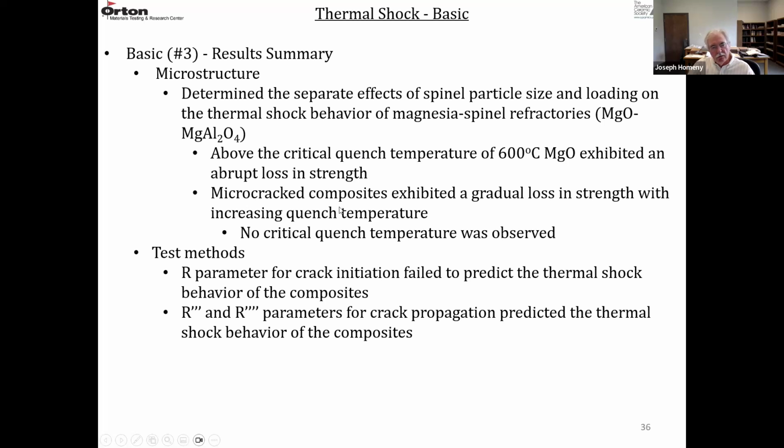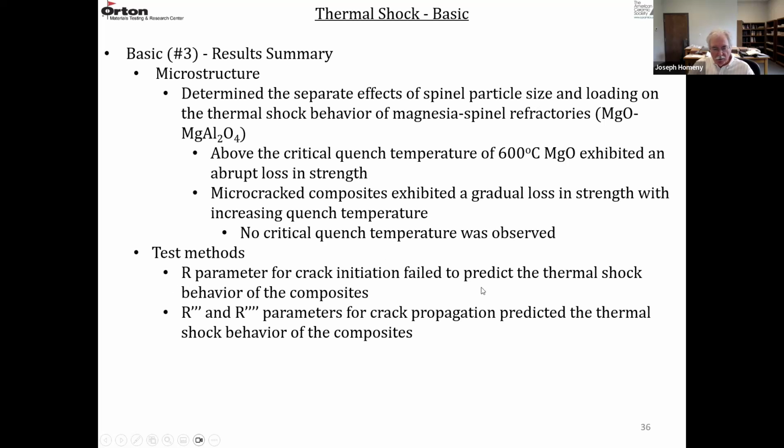For the microcrack composites, they all exhibited a gradual loss in strength as the quench temperature increased. They did not have a critical temperature where there's an abrupt change in strength. You do not want that on a thermal shock resistant material. So increasing the spinel particle size and increasing the loading increase R3 prime, R4 prime, and thermal shock resistance.